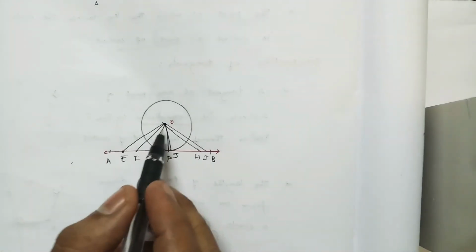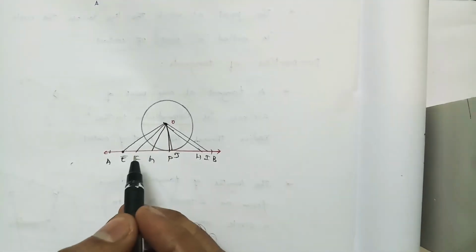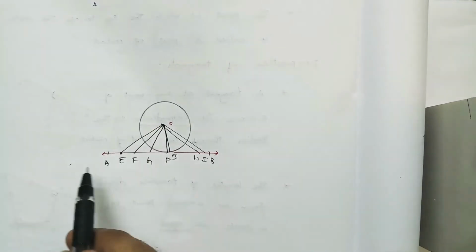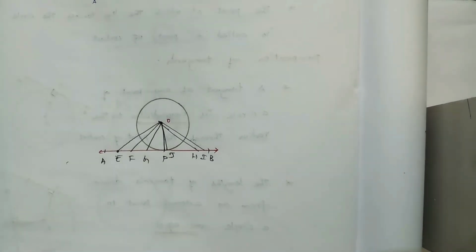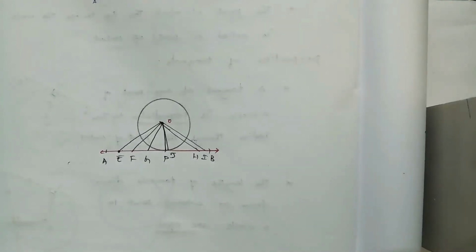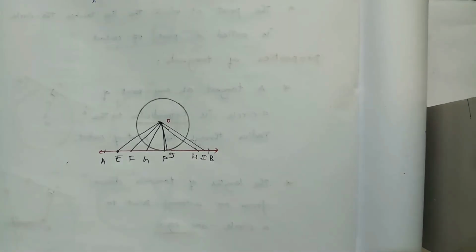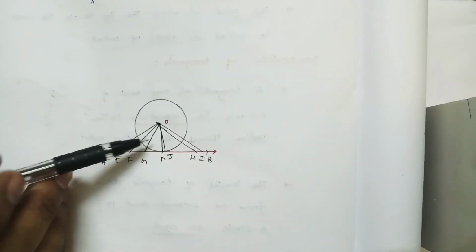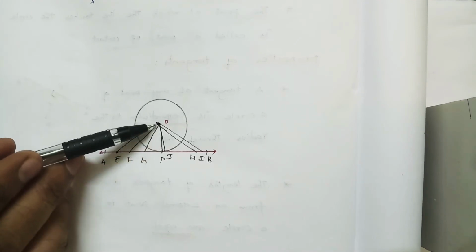We can draw an infinite number of line segments from the point O to the line AB. Among them, the shortest line segment is OP alone. OP is the shortest line.